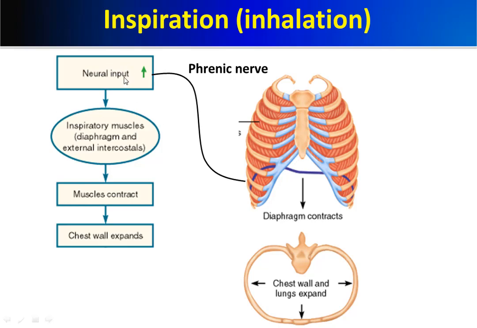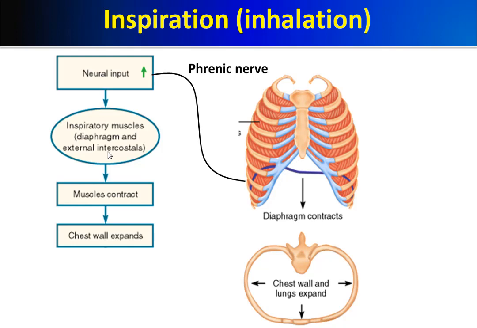So we have action potentials traveling down from the medulla oblongata through the spinal cord and reaching the inspiratory muscles, the diaphragm and the external intercostal muscles.